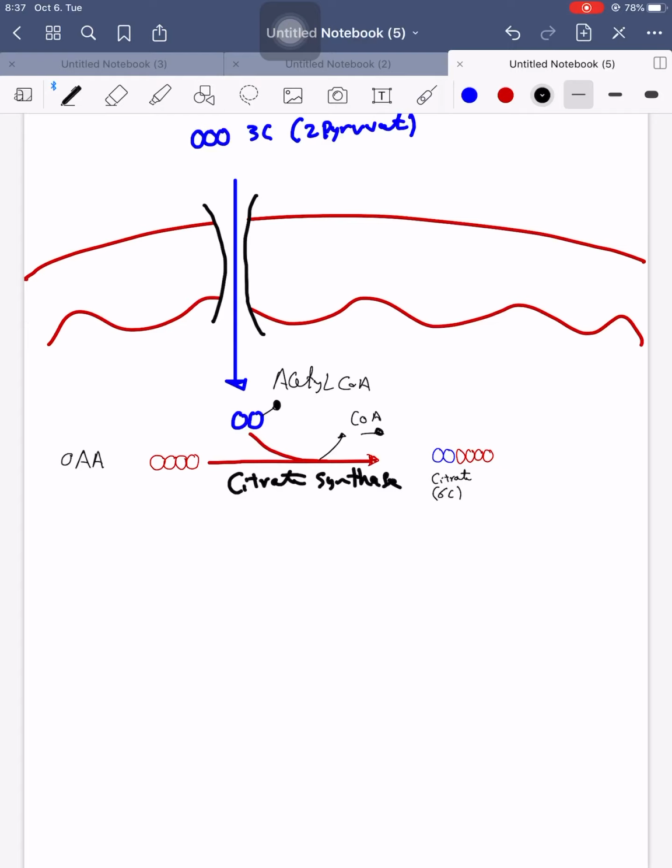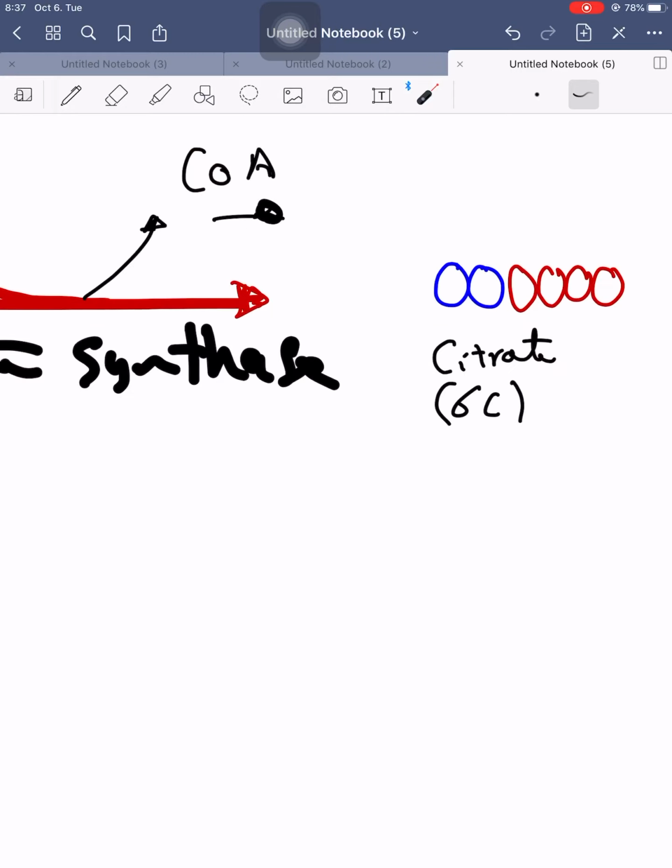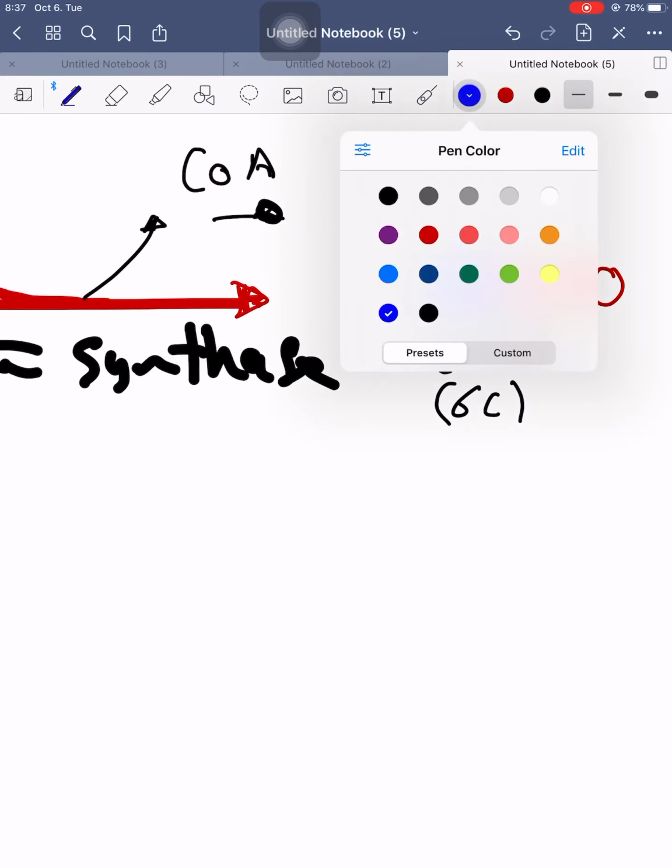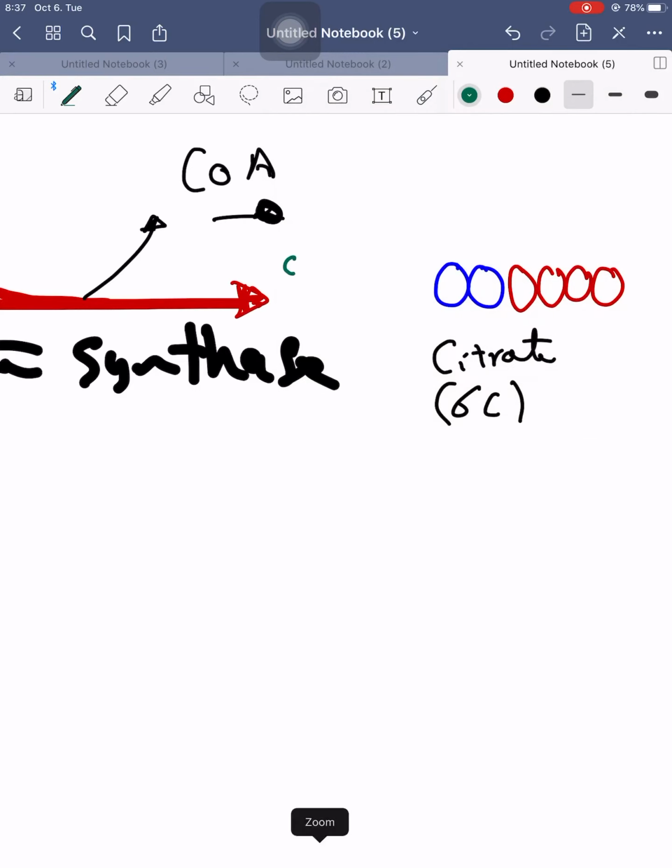Now the point is, acetyl coenzyme A coming from pyruvate condenses with oxaloacetate and produces citrate, which is 6 carbon. Look guys, in this reaction a kind of intermediate is formed. Before we have citrate, we have a specific intermediate called citroyl CoA.